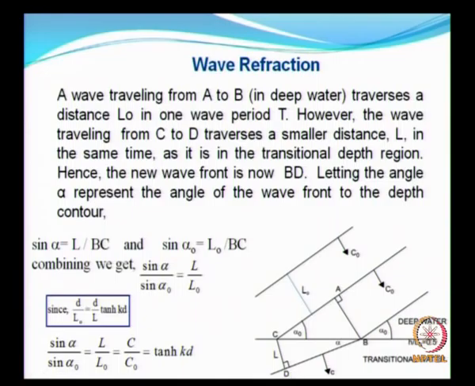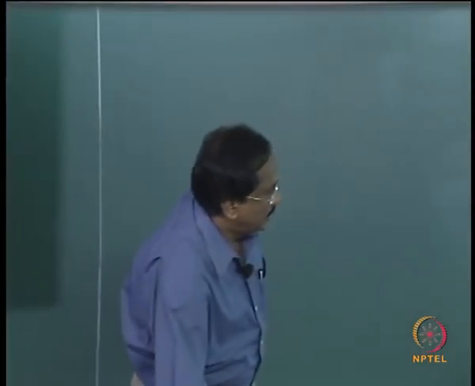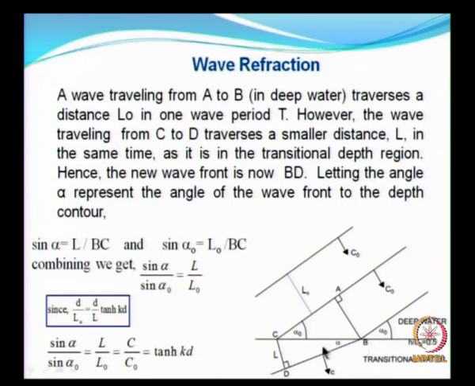This would mean that the wavelength is going to decrease compared to the deep water wavelength. If this also had been deep water, then you would expect that this line would be straight.